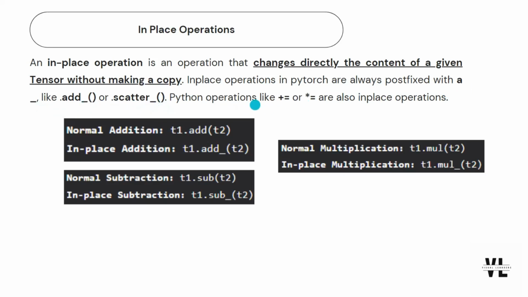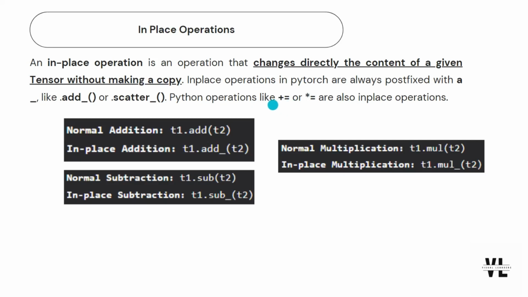Python operations like plus-equals or multiply-equals are also in-place operations. So when you perform these types of operations, instead of using the underscore, remember that they're also doing the same thing. Sometimes you might have a variable plus-equals something, a number or another tensor.